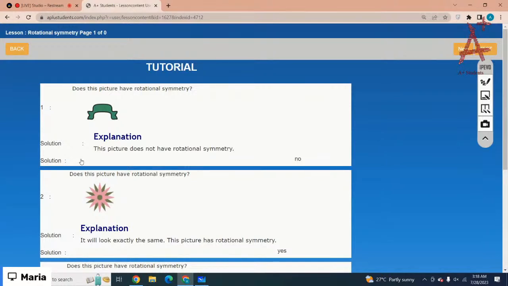Like if you move the image along a half turn or one fourth turn, it looks exactly the same, right? So the first one does not have rotational symmetry. But for the second one, does the picture have rotational symmetry? Yes. If you move this picture along a half, one fourth, or a full turn, it looks exactly the same. So it has rotational symmetry. Got it?